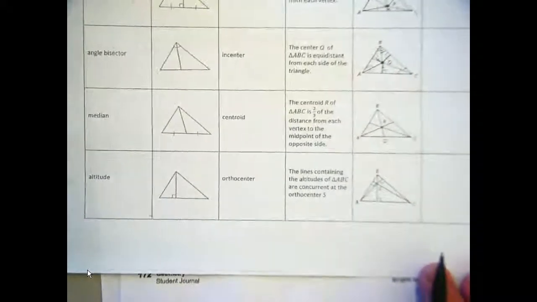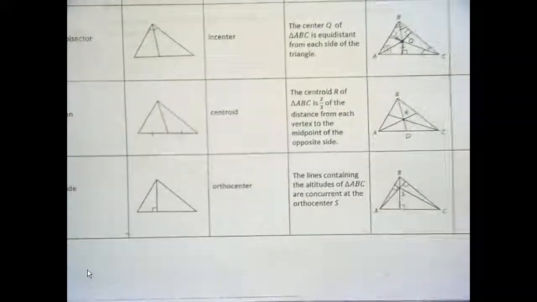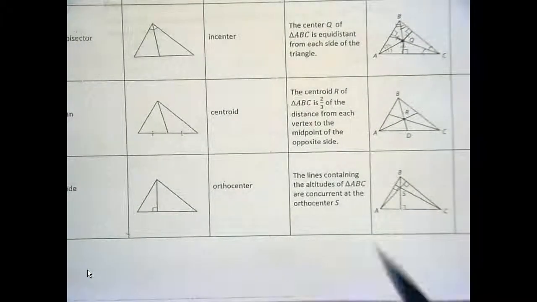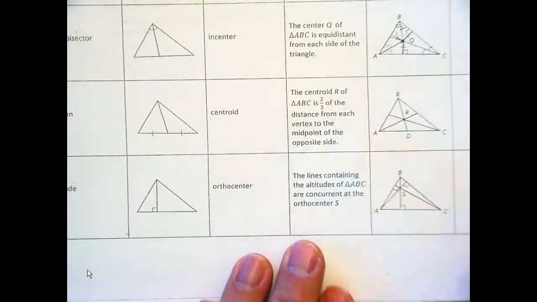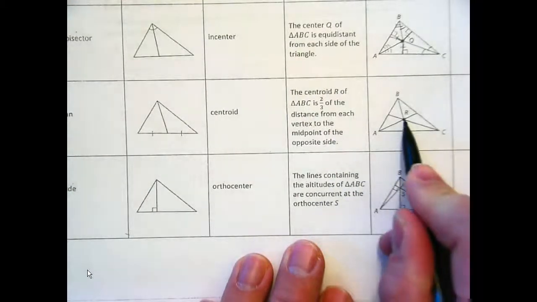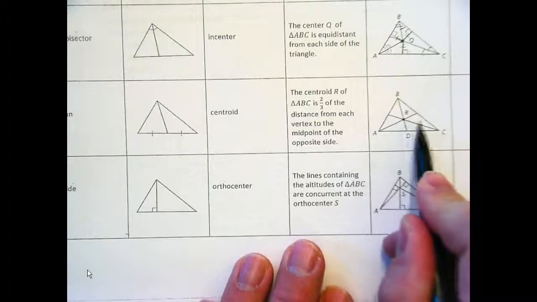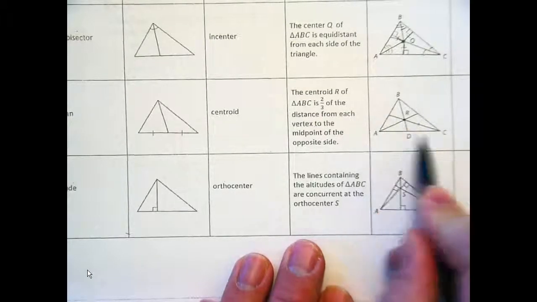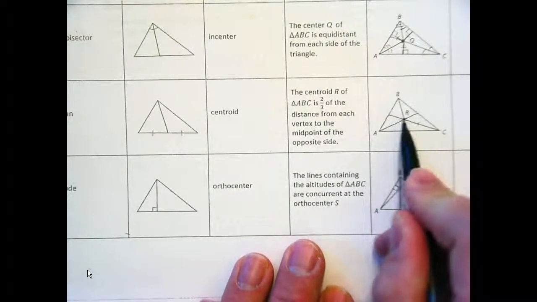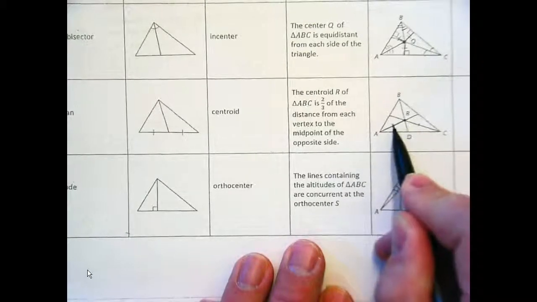The median, the centroid, point R, is 2/3 of the distance from each vertex. So this point right here is 2/3. This length right here is twice as long as this length. This length right here is twice as long as this length.